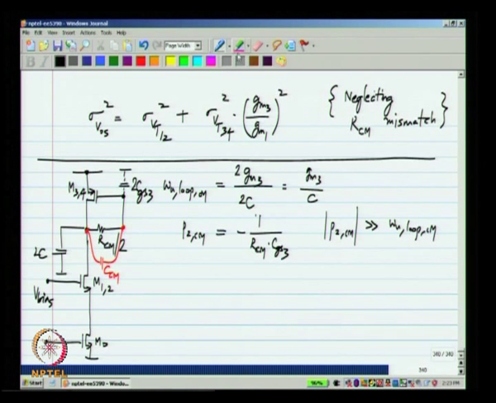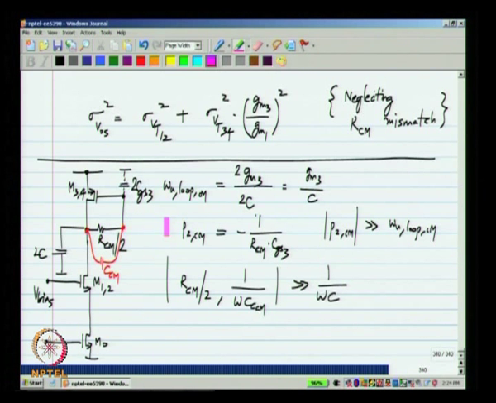Now, the pole and zero calculation in this case is a little complicated, but what I will assume is that the impedance of RCM by 2 and the impedance of the CCM are much more than the impedance of the load capacitor, because what happens is when you have these coupled RCs, you have this C and then R and then C, you will have some poles which cannot be calculated so simply.